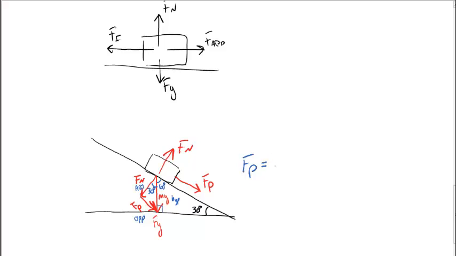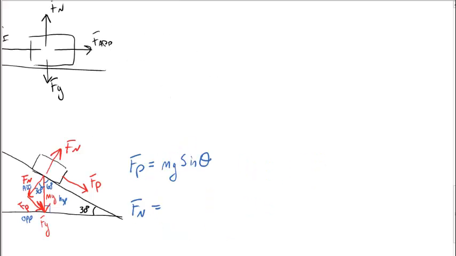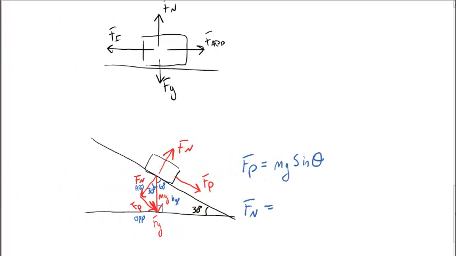So what that will be is mg sine theta. And to find my normal force, it's adjacent over hypotenuse, so using SOHCAHTOA that gives you cosine. So my normal force I can find by using mg cosine theta.